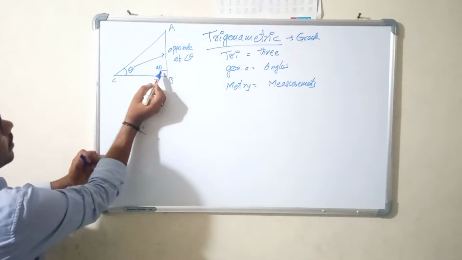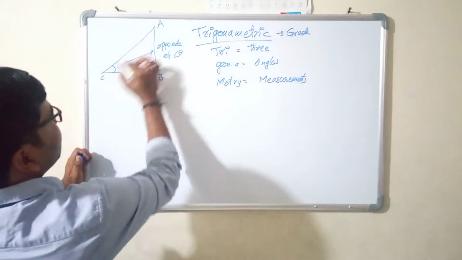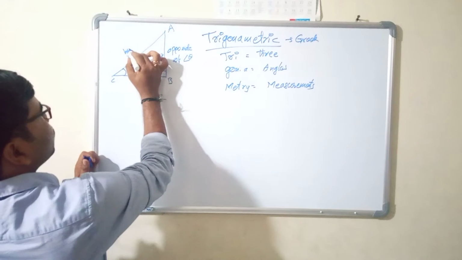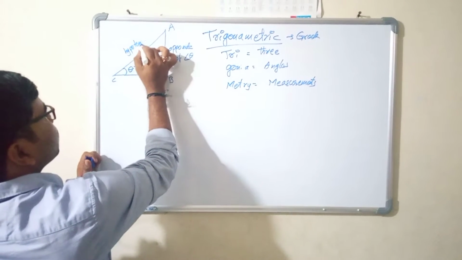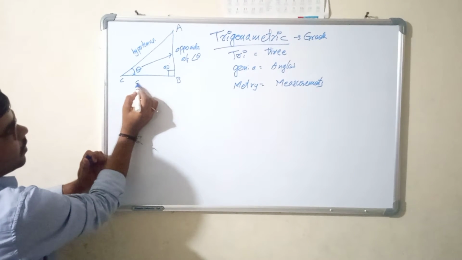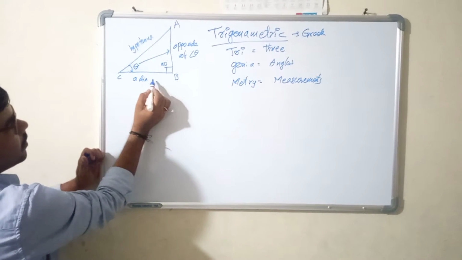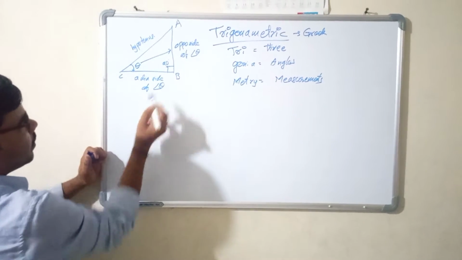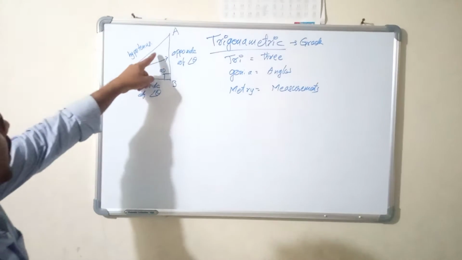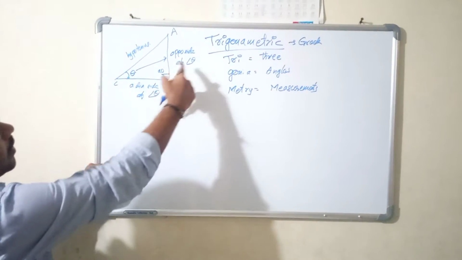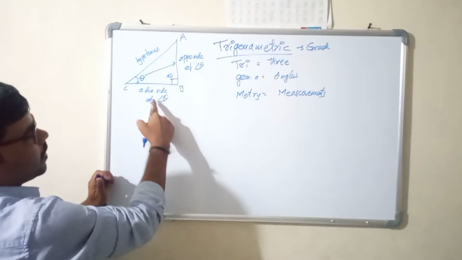Next, this is the hypotenuse, the longest side, opposite to the 90 degrees. Next, this is the adjacent side of angle theta. Depending on angle theta, this is the opposite side and this is the adjacent side.